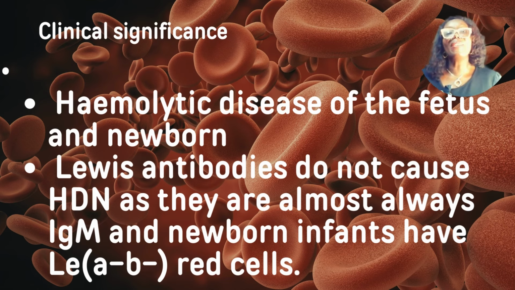It is not usually necessary to provide antigen negative blood for transfusion, but Lewis A negative and Lewis B negative screening cells are useful when screening the sera of pregnant women for clinically significant antibodies, as Lewis antibodies, which are not of obstetric importance, will then not be detected, because you know that most pregnant women are Lewis A negative and Lewis B negative.